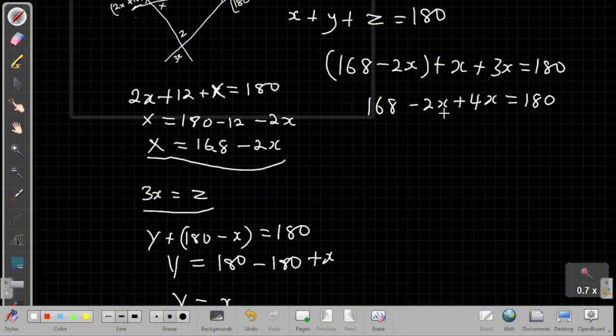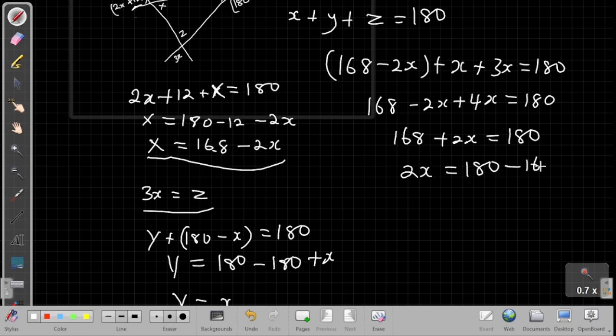So if we work on this, that will be 168 plus 2x, because minus 2x plus 4x is 2x, then it's equal to 180. Let's take this to the other side, which is 2x will now be equal to 180. Positive becomes negative when crossing.